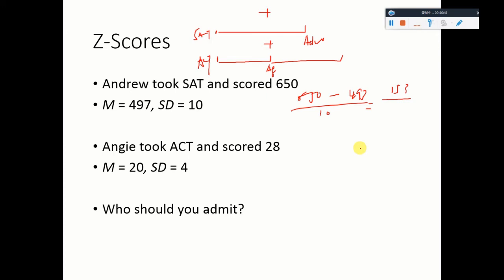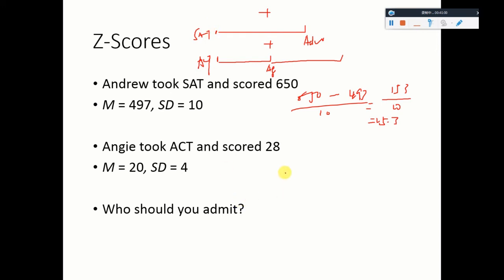So it will be 650 minus 497, yeah, 153 divided by 10. So 15.3, that's the distance of Andrew's score from the overall mean.